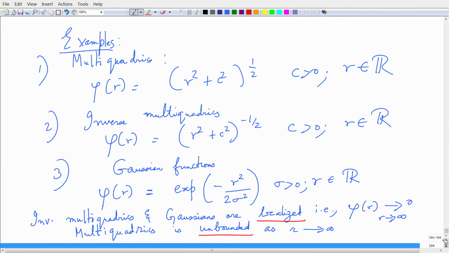So, there are many examples. I will state 2-3 of them here. The first is the multi-quadrics, where phi of r is given by square root of r square plus c square. This is just the length in L2. C is greater than 0 and r is a real number. We have inverse multi-quadrics, which is just the reciprocal of the multi-quadrics, and we also have these Gaussian functions that we are familiar with in this form.